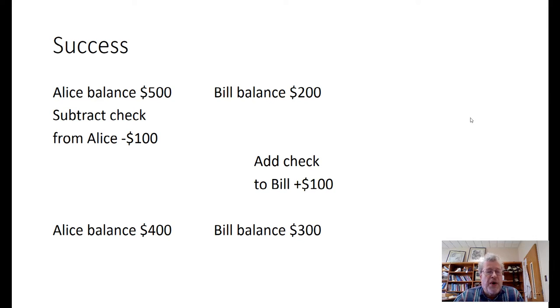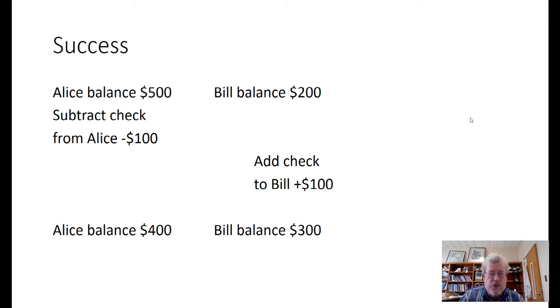Alice has a balance of, let's say, $500, and Bill has a balance of, say, $200. We subtract the amount of the check from Alice, minus $100, and we add it to Bill, plus $100. At the end, Alice's balance is $400, down $100, and Bill's balance is $300, up $100.